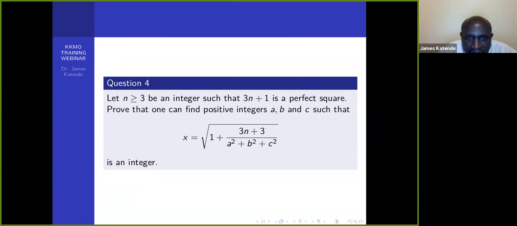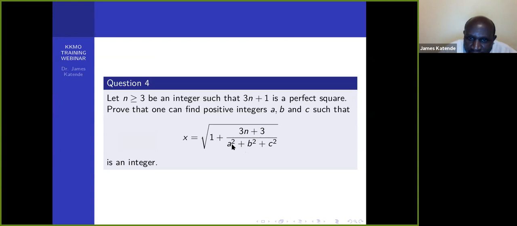So now this is the final one. It says let n be greater than or equal to 3 be an integer, and 3n plus 1 is a perfect square. The task is to prove that it's possible to find three positive integers, a, b, and c, such that 1 plus 3n plus 3 over a squared plus b squared plus c squared is also an integer.